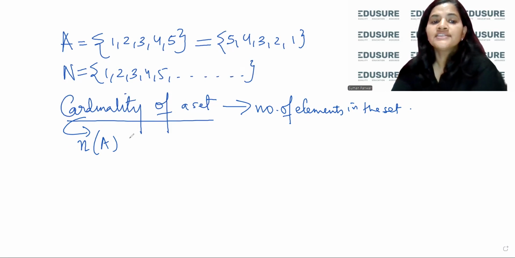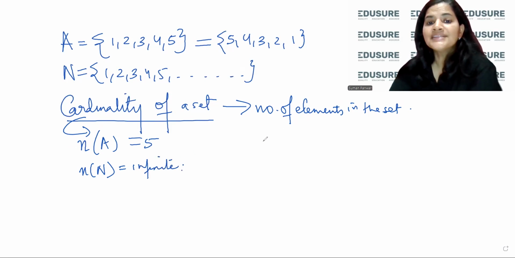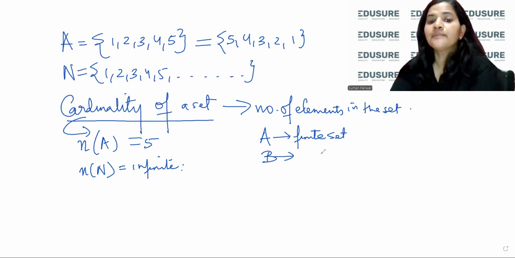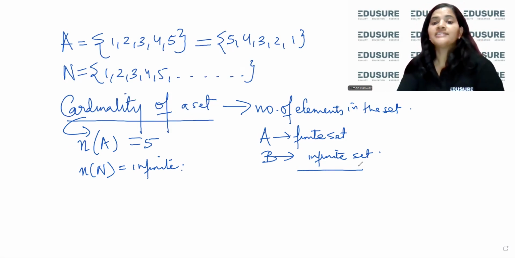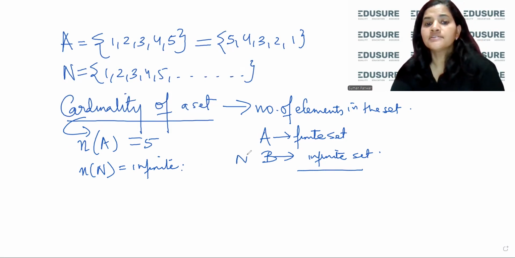So cardinality of the set A is 5, while the cardinality of the set of natural numbers is infinite. Okay. So you will say that A is a finite set, and you will say that B is an infinite set. Here B is natural numbers.